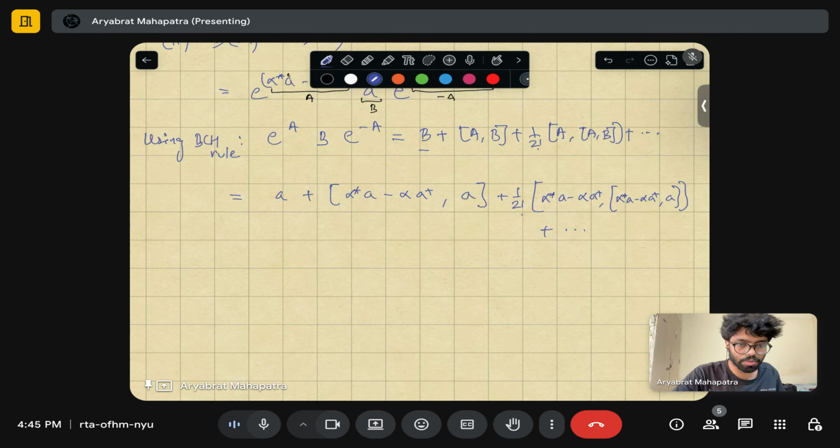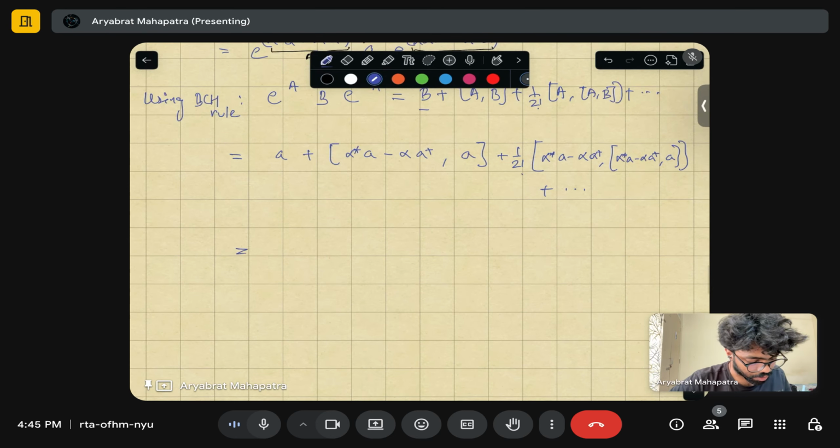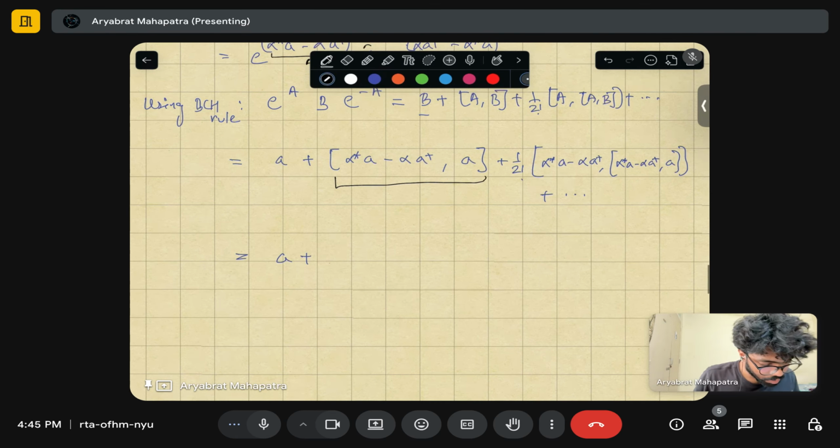So in most of the cases, you will find this thing happening. For example, let's write the first term we have, A, and for the second term you have to calculate the commutator. So let's see how you can do that.